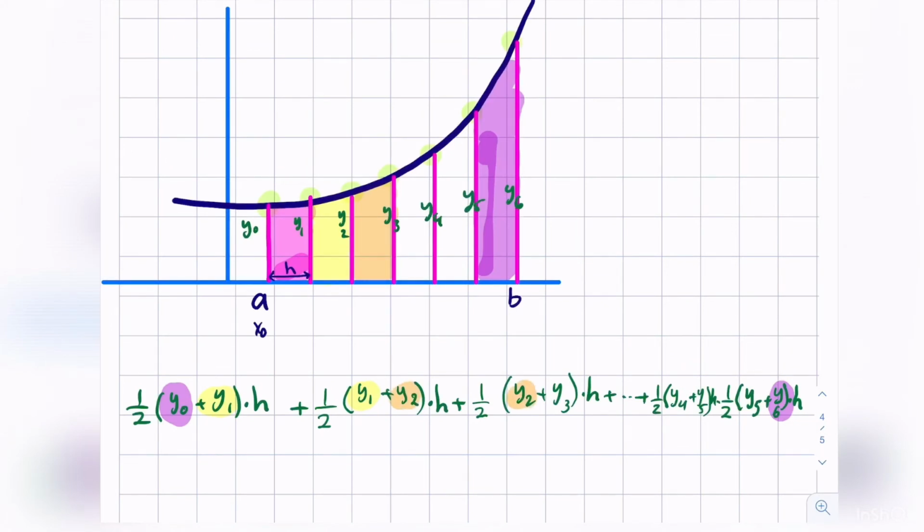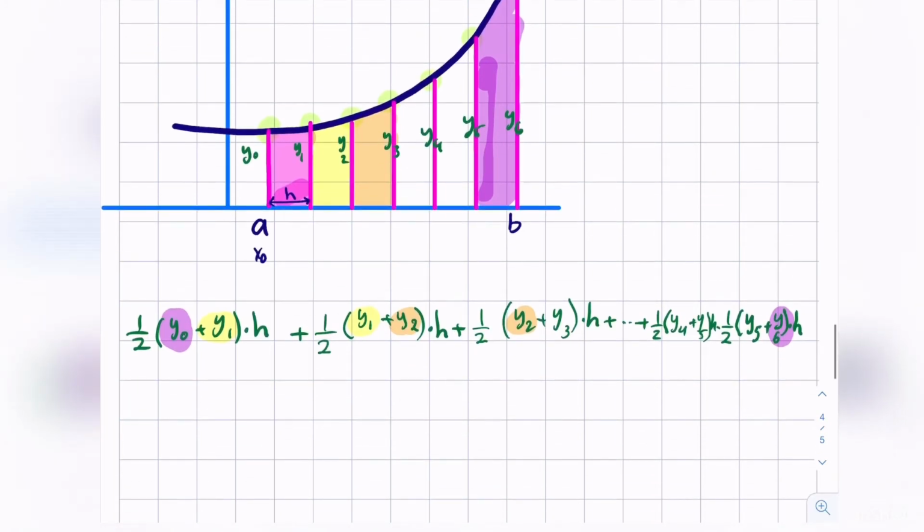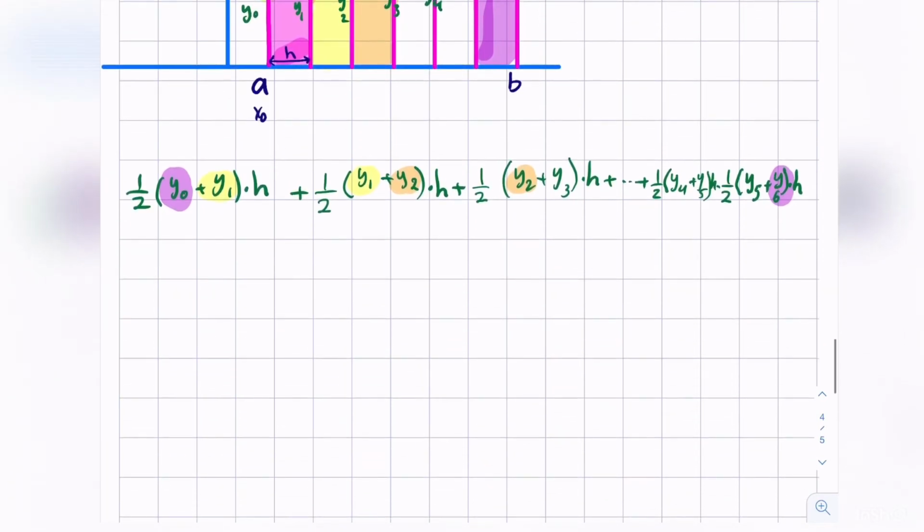And if I wrote them all, then you can see them all. So that's why the final form for the trapezium rule is that the integral is approximately 1/2 of y naught and yn, which is b basically.